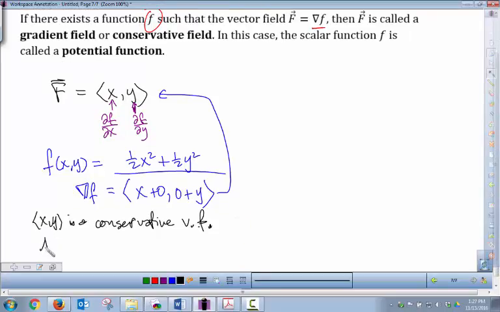And the scalar function is the potential.